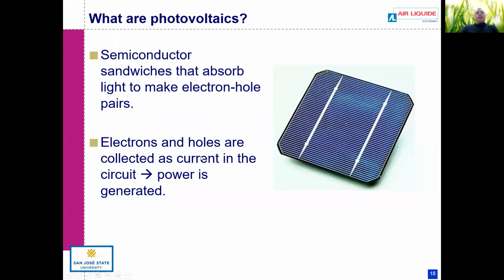And the photovoltaics themselves are like sandwich structures that absorb light. When it absorbs light, it makes electron hole pairs. The electrons and holes are collected, and the current is directed to an outer circuit, and power is generated.